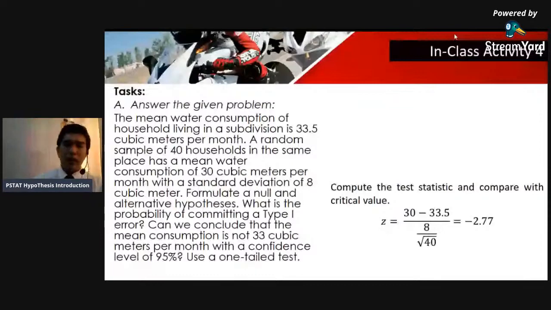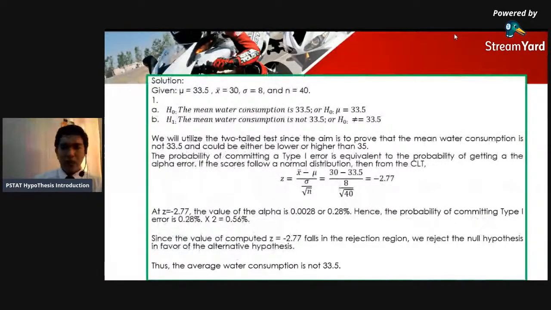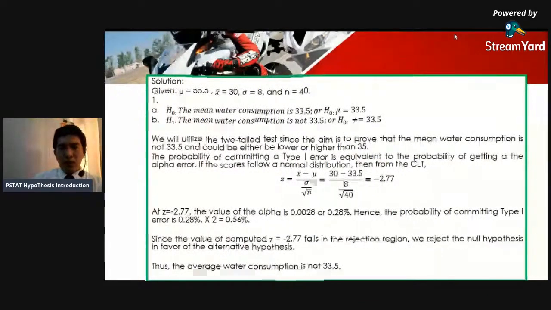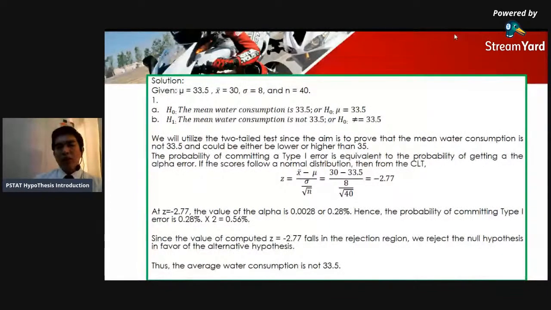Since this is a one-tailed test, here we have the mean. Sorry for the typographical error. As you can see here, we reject the null hypothesis because our computed z value is negative 2.77. So let's try to connect this.